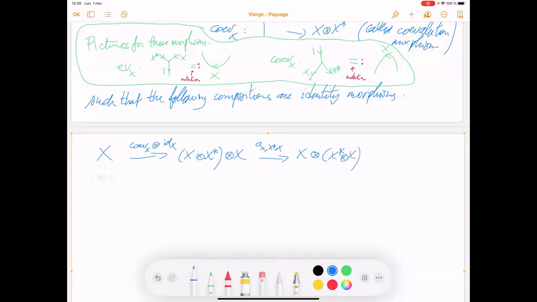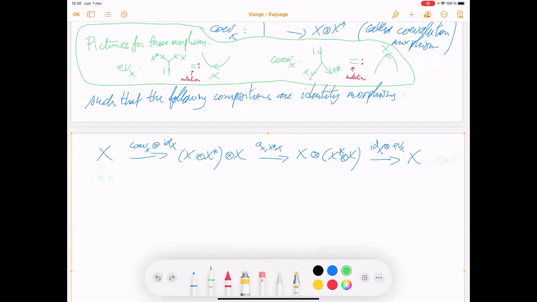And finally, you apply the identity of X and the evaluation map, and you get X, which is X tensor 1.